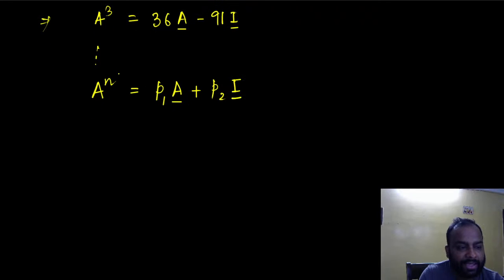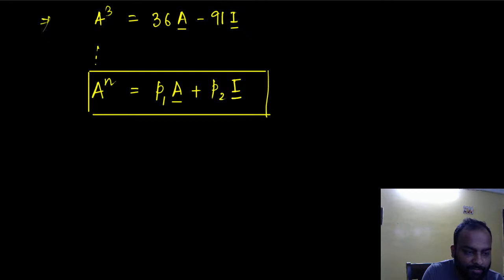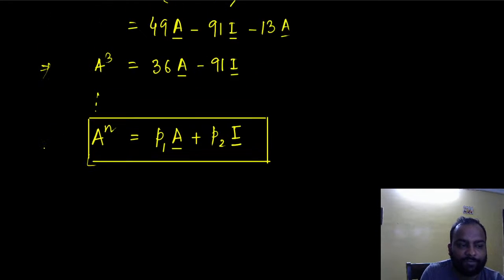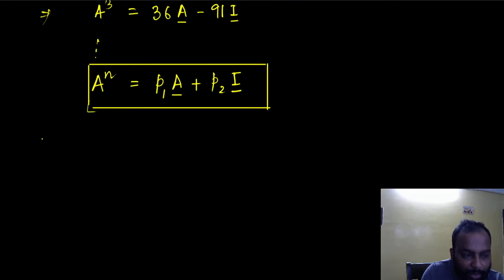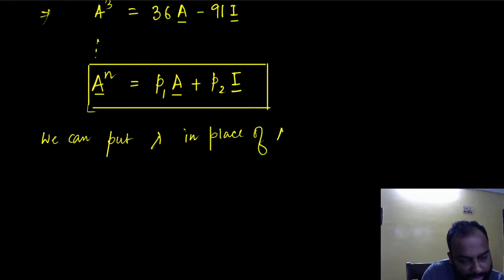So if I am calculating A to the power n for this particular example, instead of doing the manipulation every single time, we can put lambda in place of A. Of course, it's a 2 by 2 matrix, so we are going to have two values of lambda, lambda 1 and lambda 2.